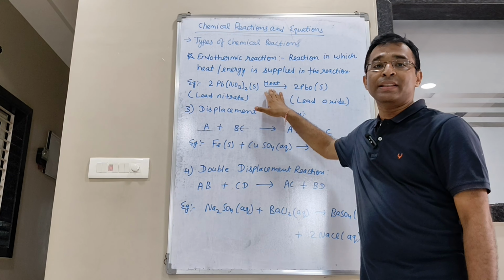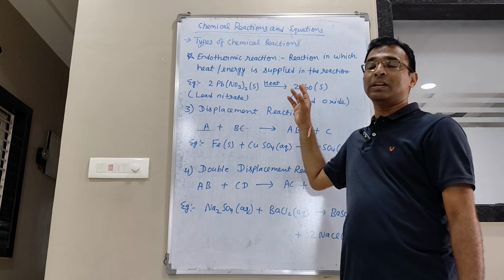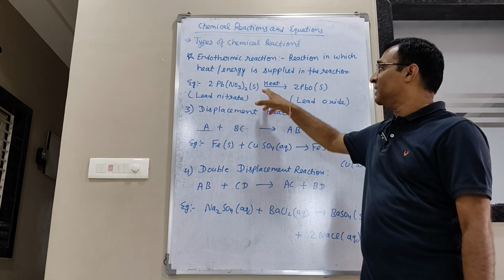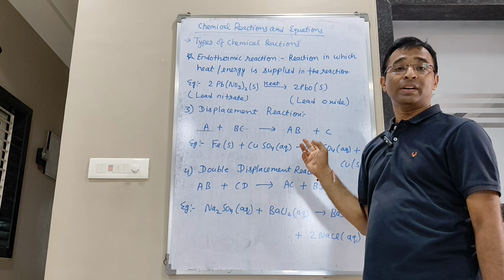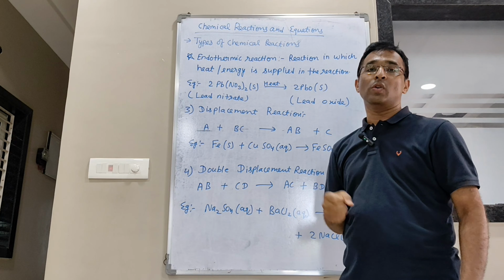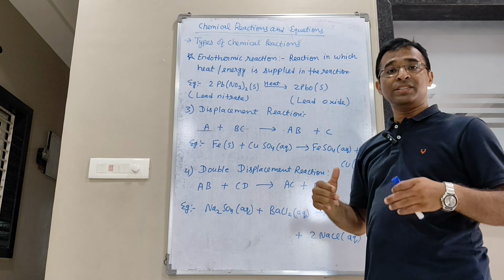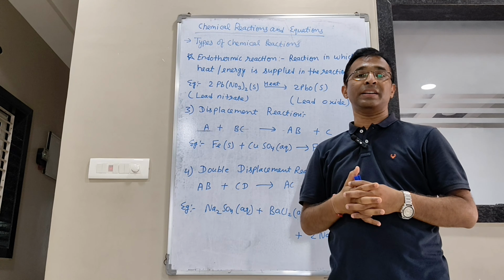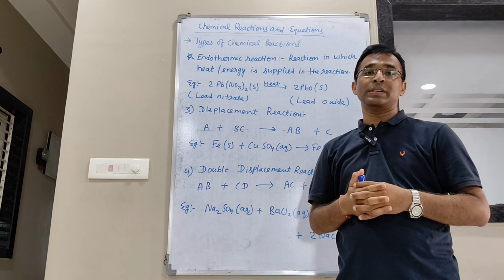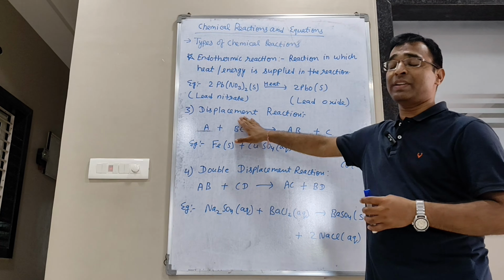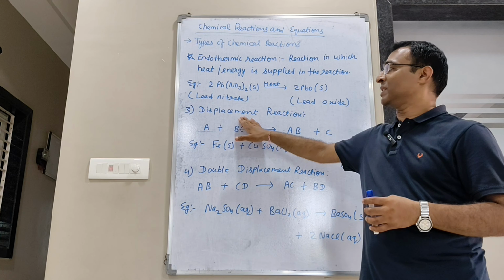If we don't supply the heat to lead nitrate, it will not convert to lead oxide. As and when the heat is supplied, the reaction takes place in the forward direction and lead oxide is obtained. Such reactions in which energy is supplied to the reaction are known as endothermic reactions.